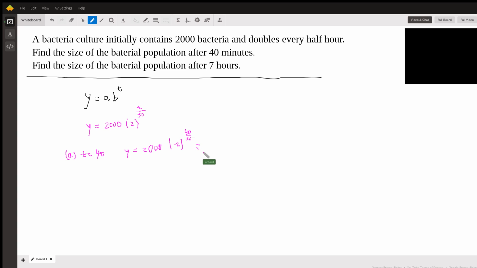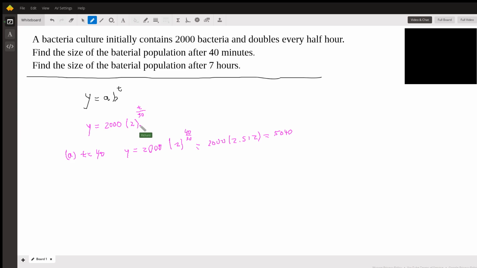I get 2.5 something, 2,000 times 2.512 approximately. And that's going to give me 5,040. Let's round it to the nearest bacteria. You can't have a partial bacteria, so we'll round it to the nearest bacteria. So 40 minutes later, you're going to have 5,000 of these.